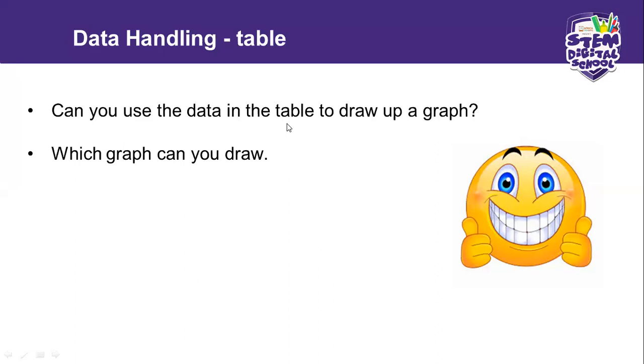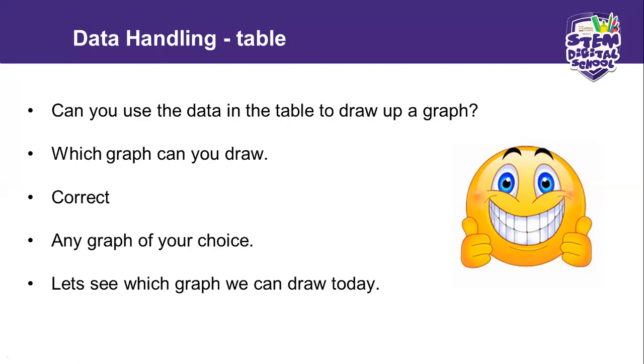So those are different kinds of tables that we can have, all right? So which graph can you draw? You can always draw any graph of your choice, okay? Except if you are doing a homework or an activity where they give you specific instructions.